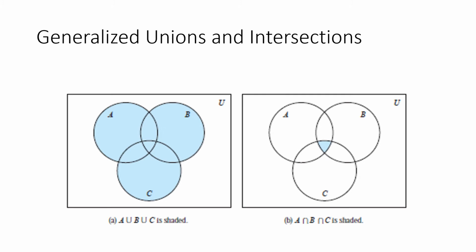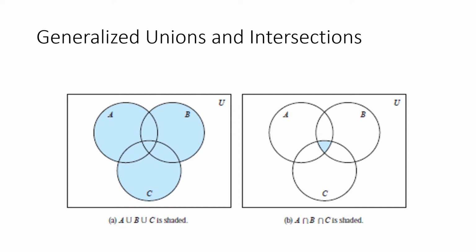Note that A union B union C contains those elements that are in at least one of A, B, and C. And A intersect B intersect C contains those elements that are in all of A, B, and C. These combinations of the three sets are illustrated in this Venn diagram.